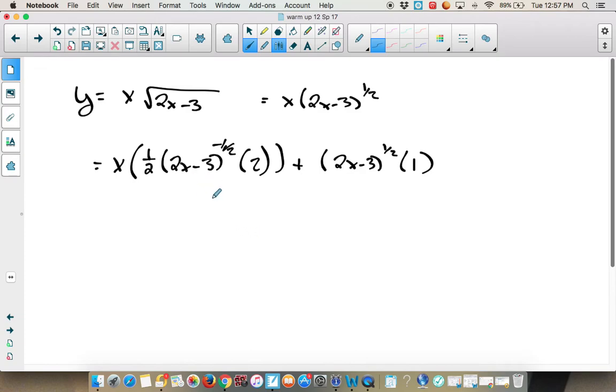Okay, and this is kind of a pain to simplify. That is the derivative. That works.